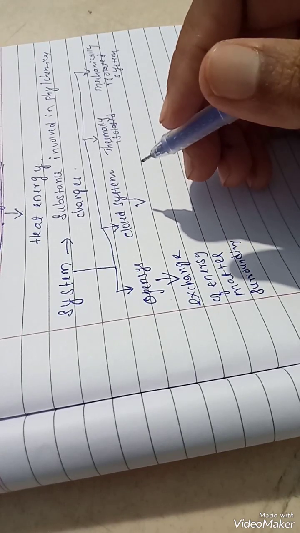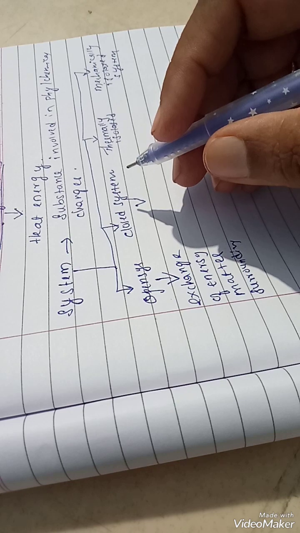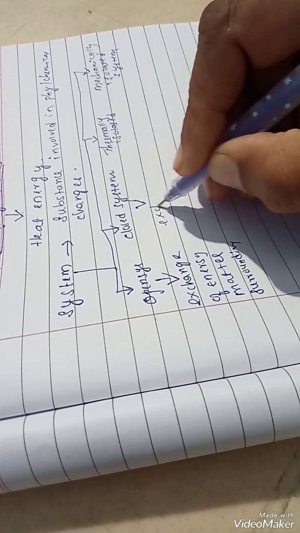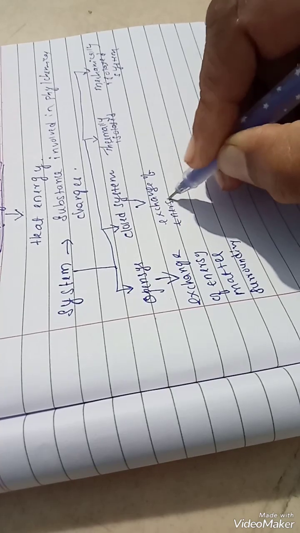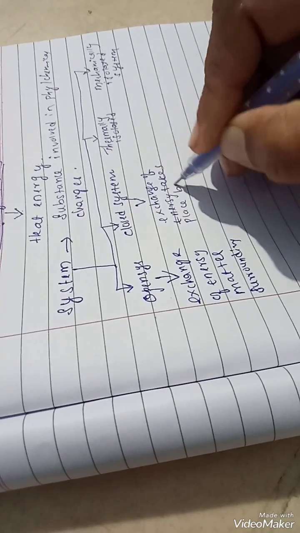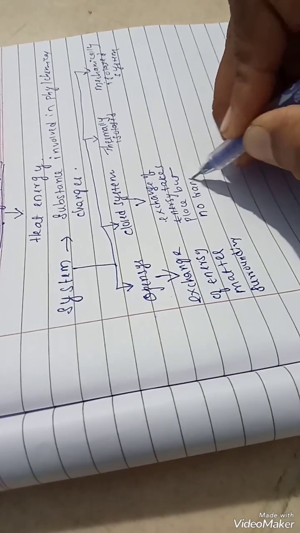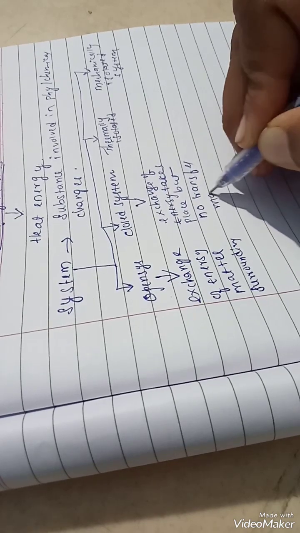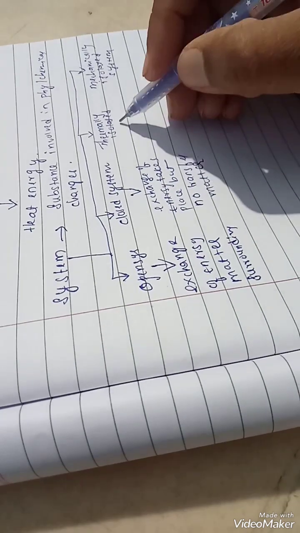Closed system means in such a system, exchange of energy takes place with surroundings, but no transfer of matter will be there. No transfer of matter means only energy exchange, matter will not exchange.